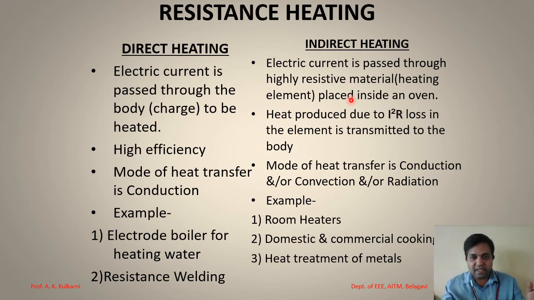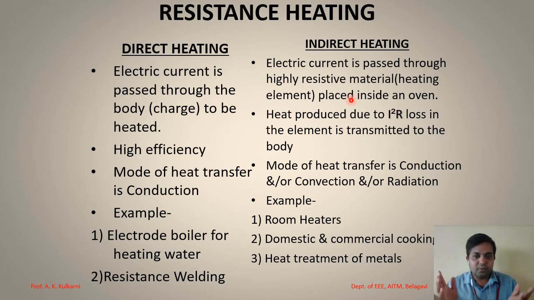The heat is produced from the inner surface of the oven and transferred to the vessel. From the surface of the oven to the vessel, which kind of heat transfer is it? Conduction. Then once the vessel gets heated up, it transfers heat to the food inside the vessel.